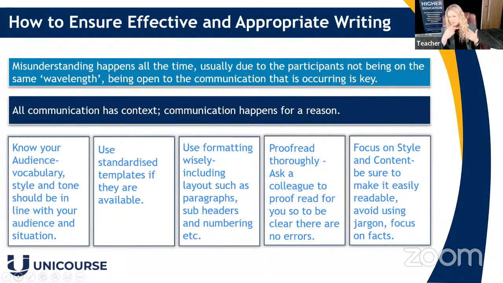People are from different cultures. Time differences can have an effect on communication as well. So usually, due to the participants not being on the same wavelength or understanding how people communicate, it can often be miscommunicated or seen in a different way.